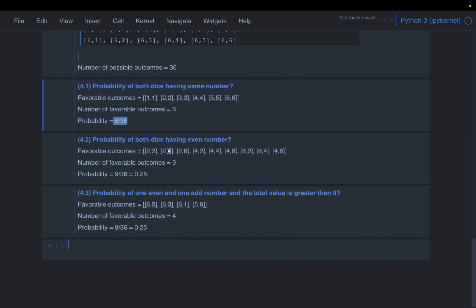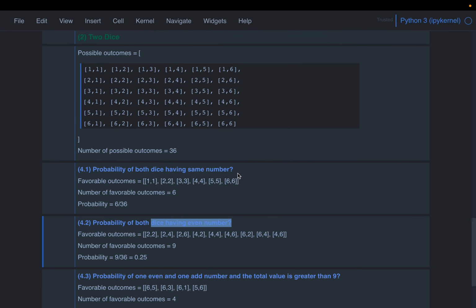All right. So let's look at one more. So here we have the probability of both dice having an even number. Okay. Again, we go back to all possible outcomes. So this time we are looking for both dice showing an even number, right? So if you look at this first row, the first die always has 1, right?